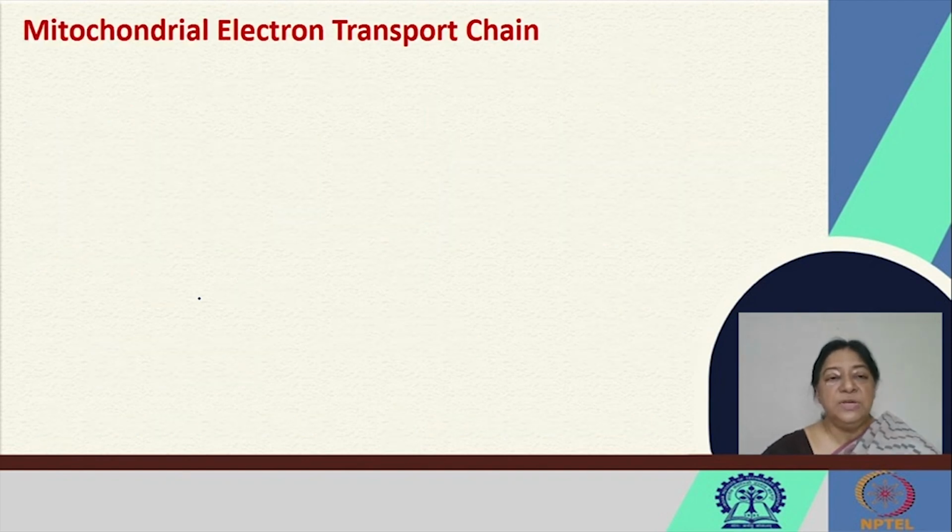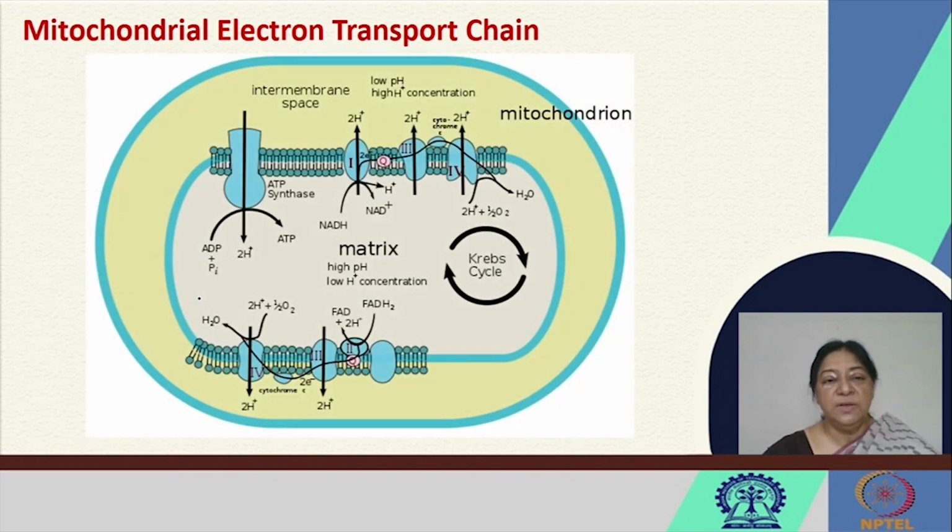The mitochondrial electron transport chain gave us an idea about the reaction where we had the oxygen go to water, and how the variations were present with the pH in terms of the proton concentration across the membrane.